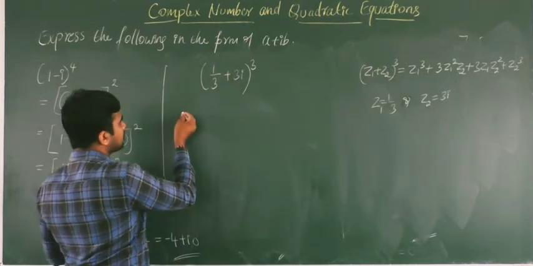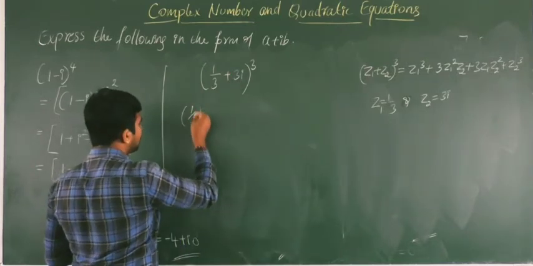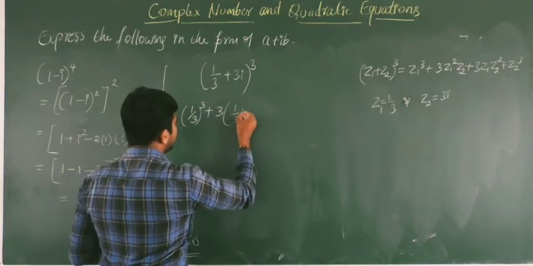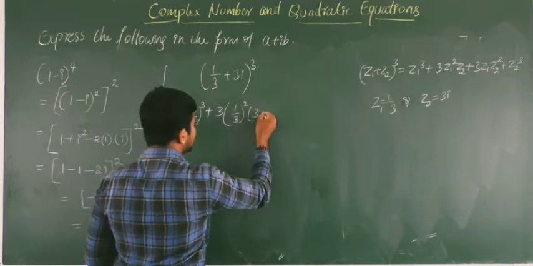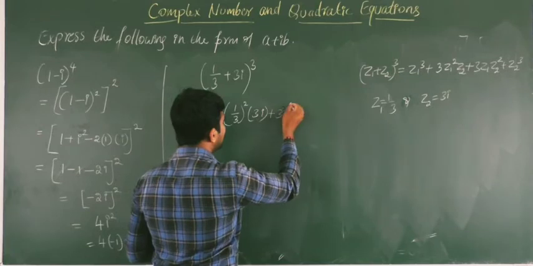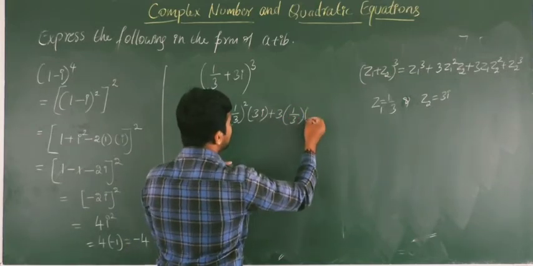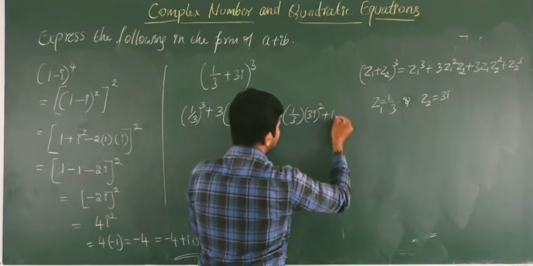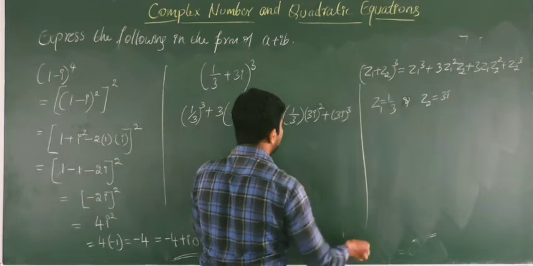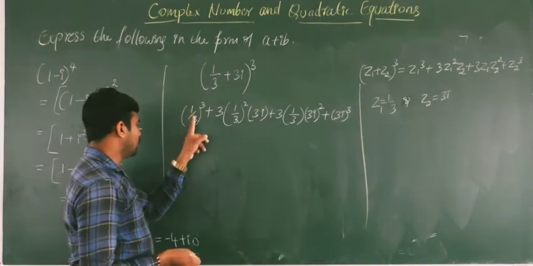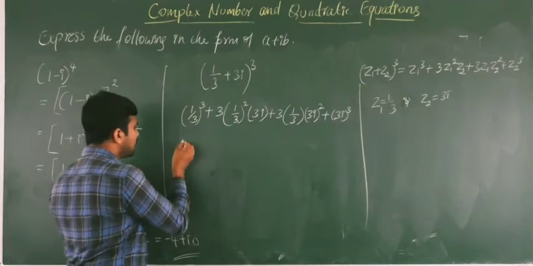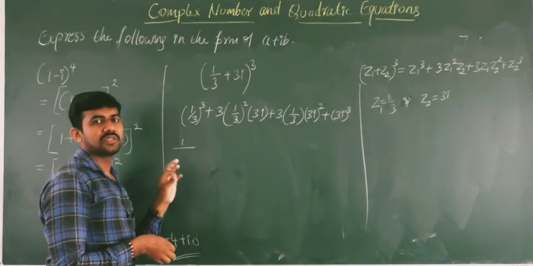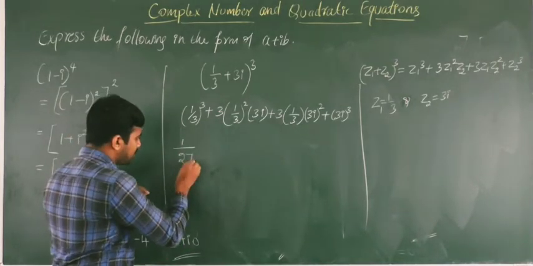So z1 cube is nothing but (1/3) whole cube, plus 3 into z1 square into z2, that is 3i, plus 3 into z1 into z2 square, plus z2 cube, that is (3i) whole cube. Okay, and now we'll get here (1/3) whole cube. So 1 by 3 whole cube, 3 multiplied 3 times, that is 3 into 3 into 3, that is nothing but 27.